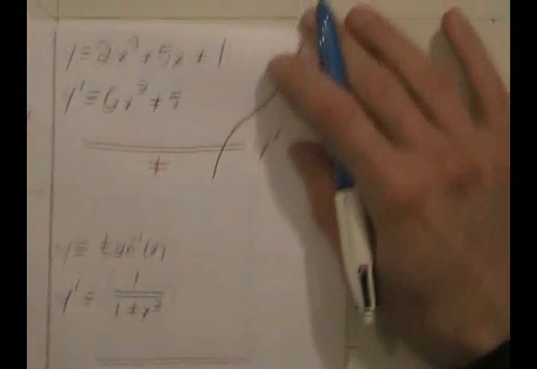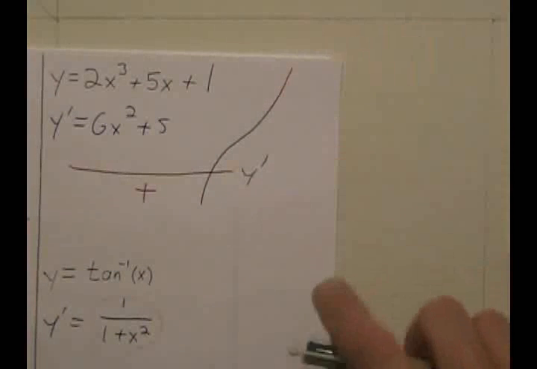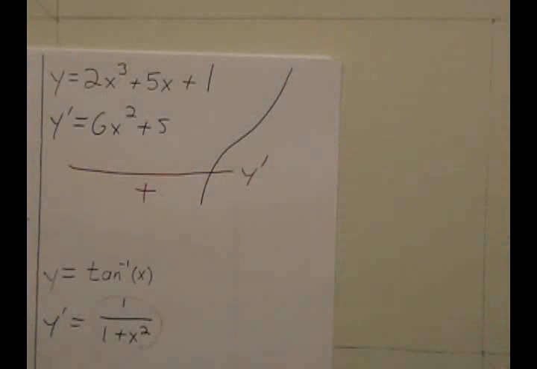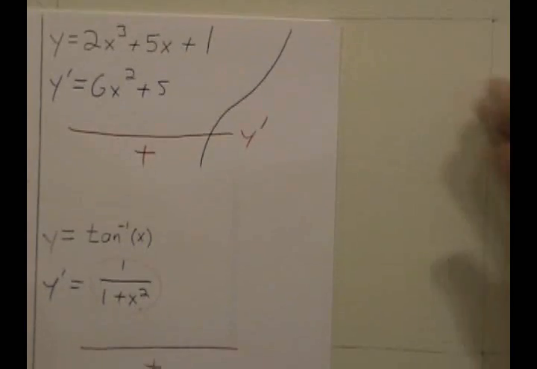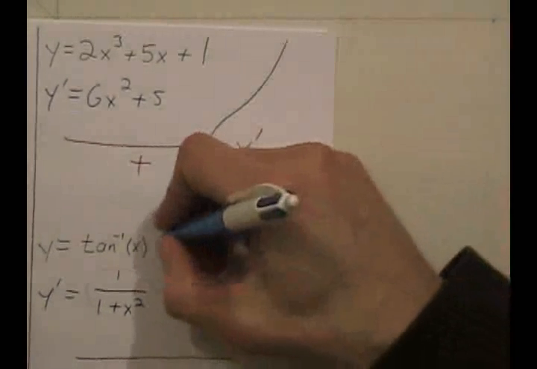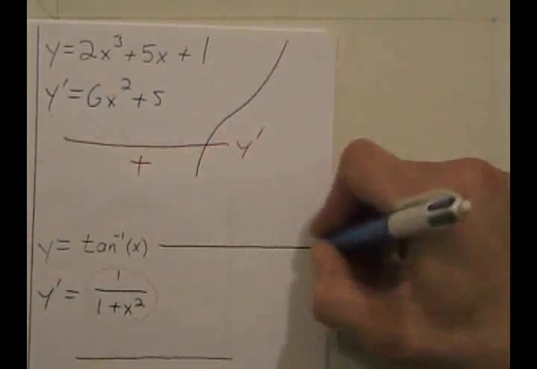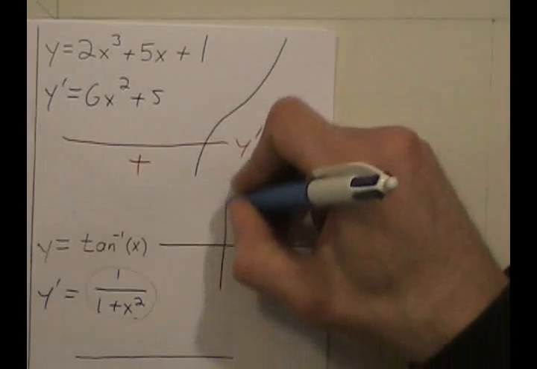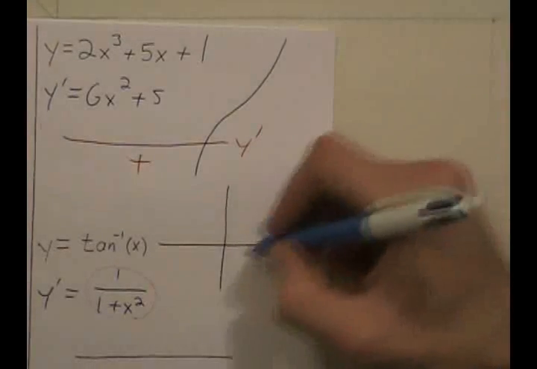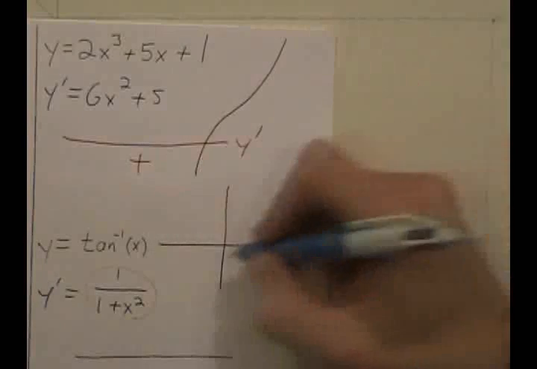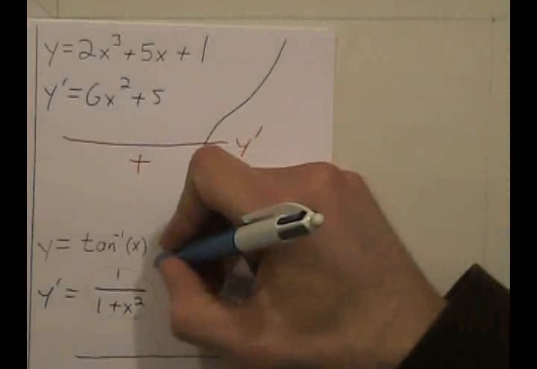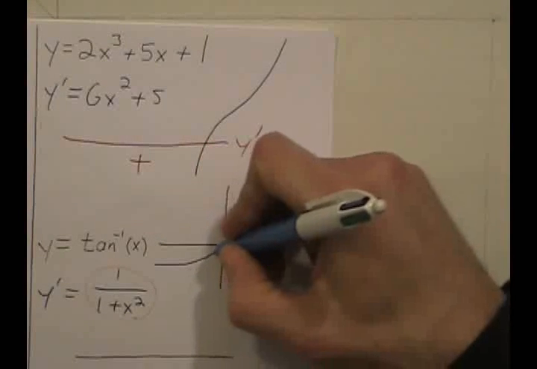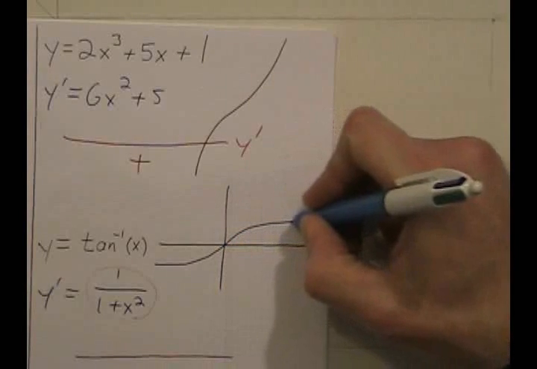Now this function doesn't look like this at all. Just to mention again, you really don't get a lot of information about what these things look like, just whether they're increasing or decreasing. The inverse tan function happens to look something like this. It has asymptotes at minus infinity and infinity, and it grows kind of slow and does that.